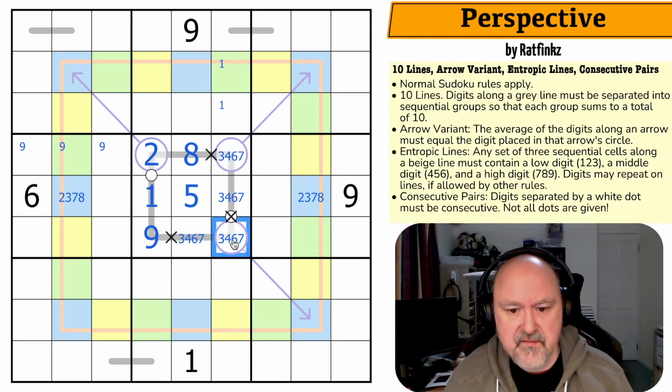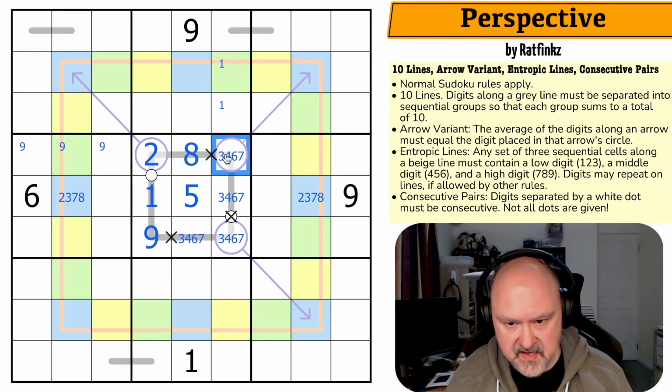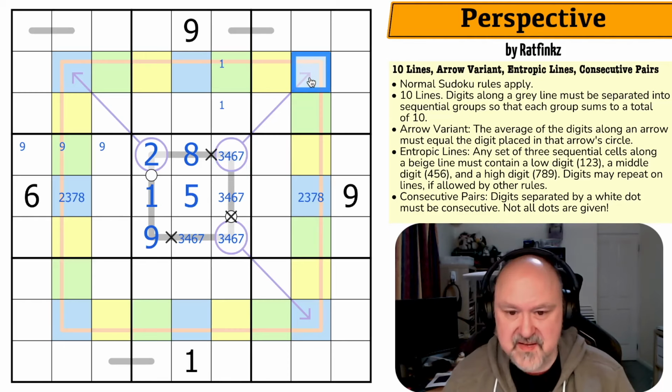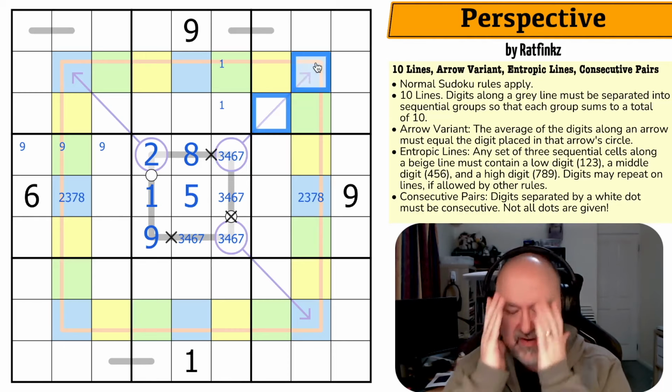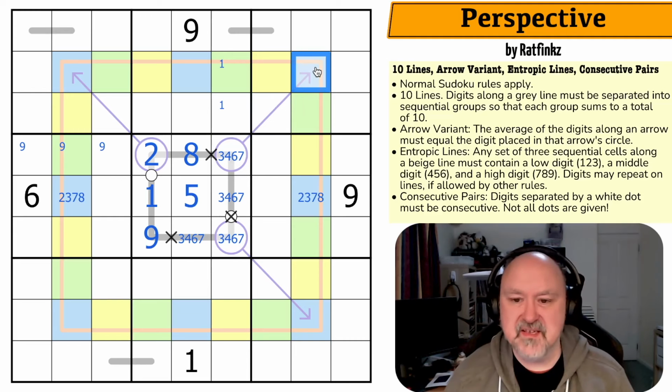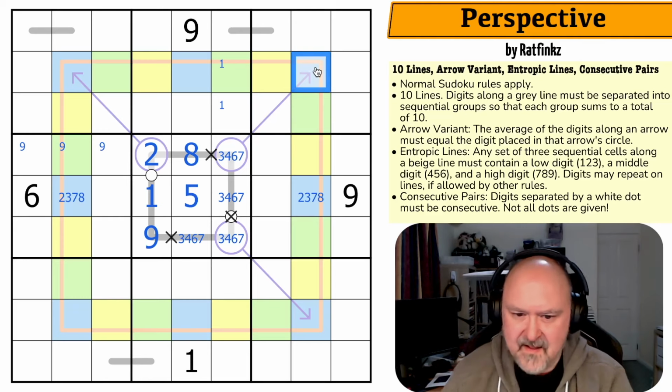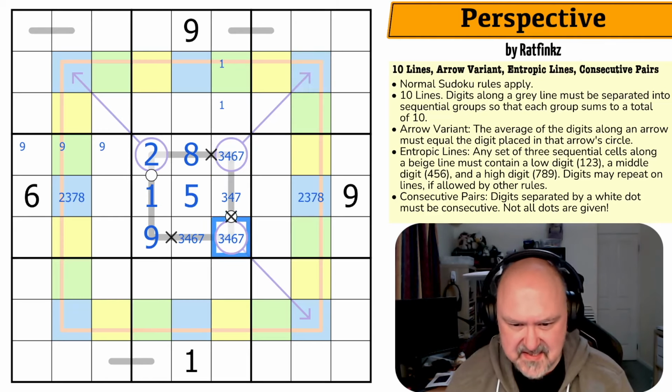If this is the 3, 4, this has to be either 3 or 4. If this is the 6, 7, this has to be either 3 or 4. Now, that means the maximum that could be is 7, because if this is a 4, I could do 1, 7. I was hoping that would mean that this couldn't be a high digit, but it could be. This isn't a 6, so this isn't a 7.